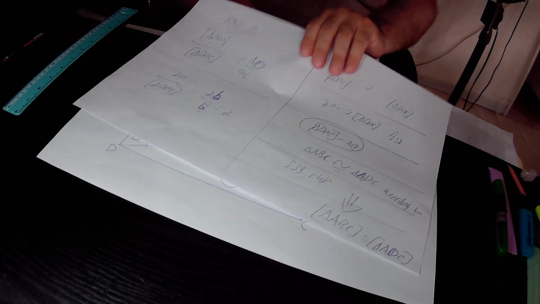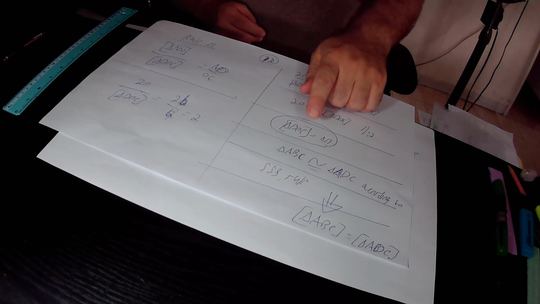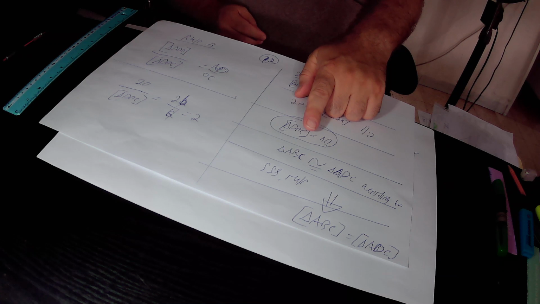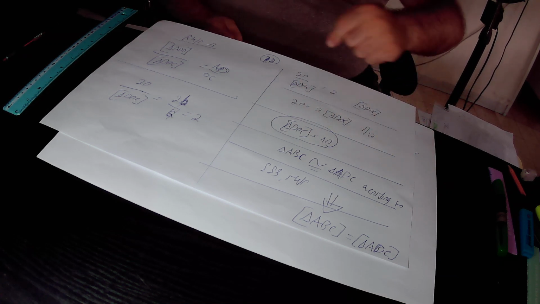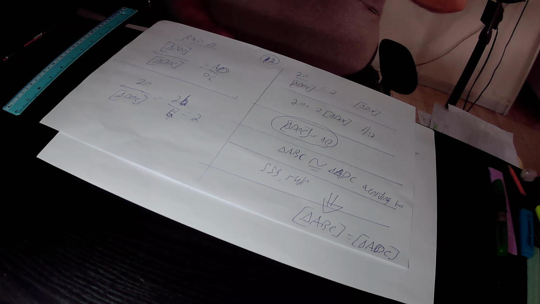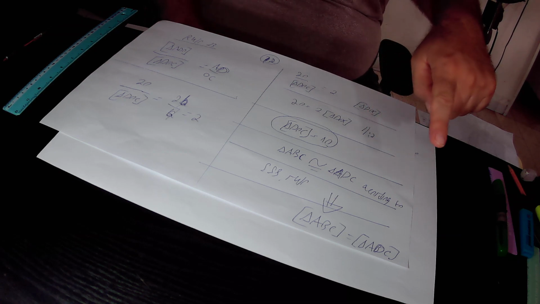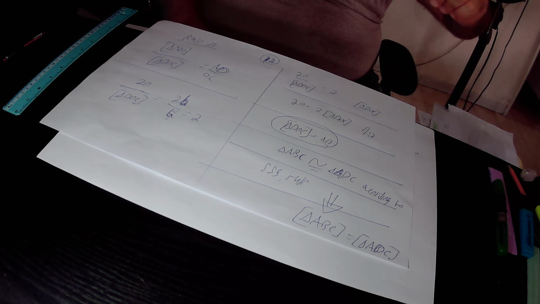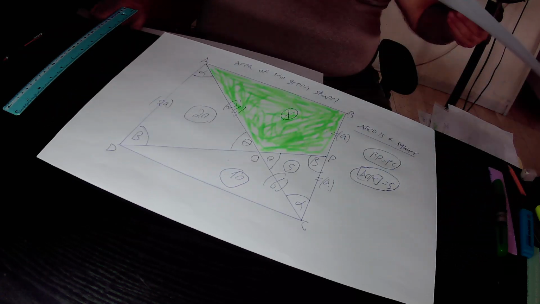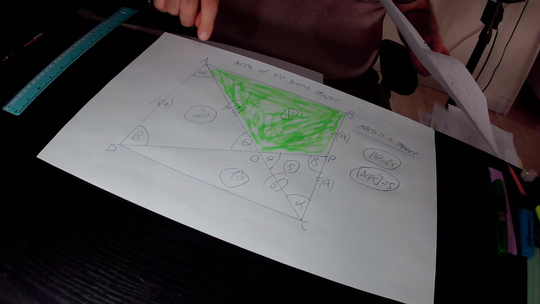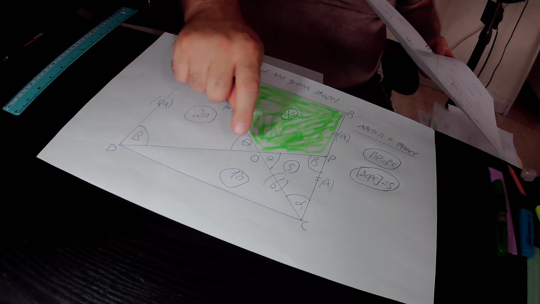Note that triangle ABC can go into triangle ADC according to the side rule, and from the fact that they can go into each other, they must also have the same areas. That is to say, the area of triangle ABC is equal to the area of triangle ADC. But we know that the area of triangle ADC is 20 plus 10, that is 30.